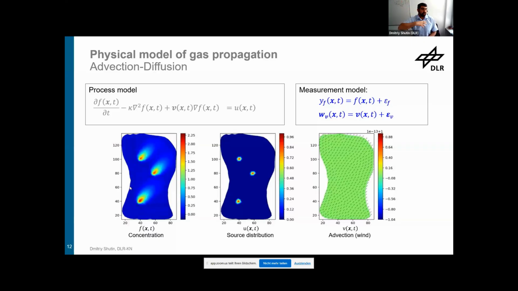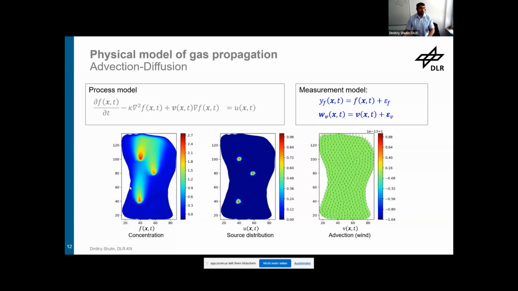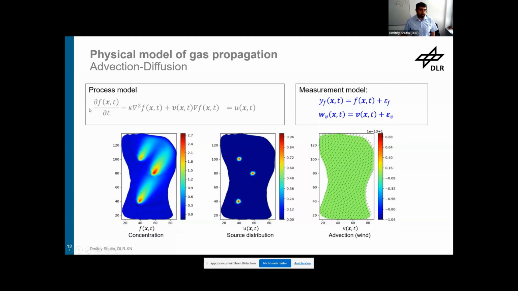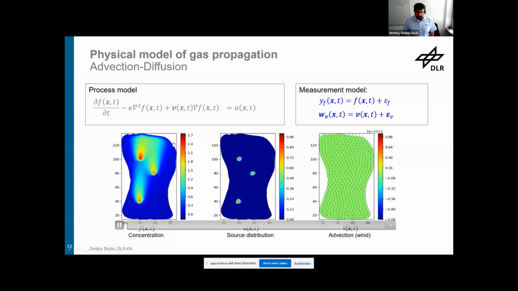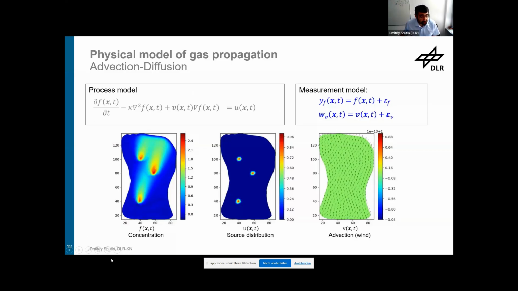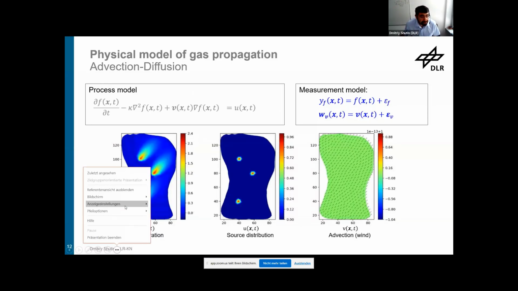That is of course the wind that drives it. The models that describe such processes are called advection-diffusion processes, and they are described by partial differential equations that you can see here. And if you try to numerically model this equation, or if you try to solve this equation, let me now see if I have a laser pointer here.